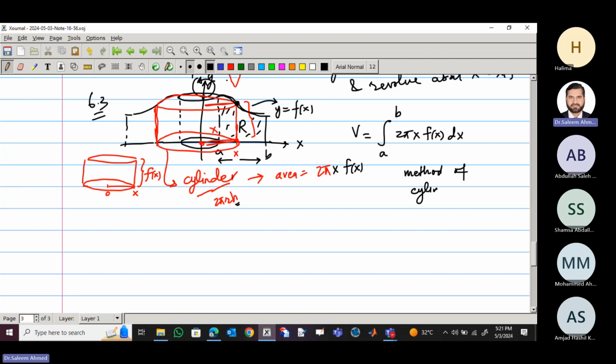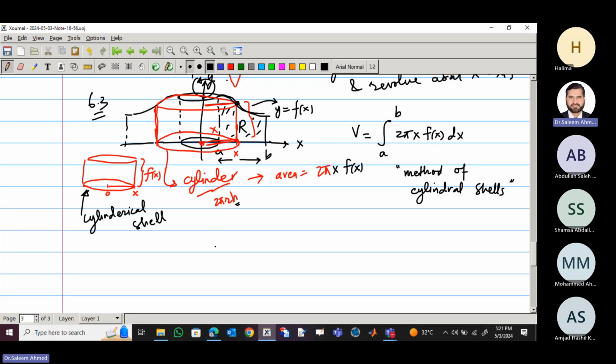So this cylinder is basically a cylindrical shell. They call it. It looks like a cylinder, but we don't call it a slice. It is a shell, which is cylindrical shape. So when I use cylindrical shell, it calls the method of cylindrical shells. Again, the formula will be given in your exam at the end of the paper, but you should know what formula I have to use.